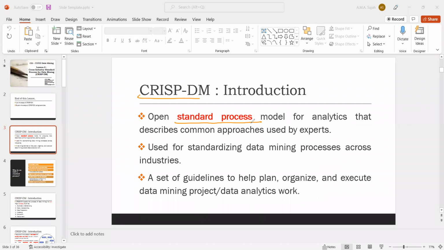Why do we need a standard process? Can someone tell me? Why do we need a standardized process? Even when we provide a degree for you, we maintain some standard process. You need to complete your degree without any E grades.